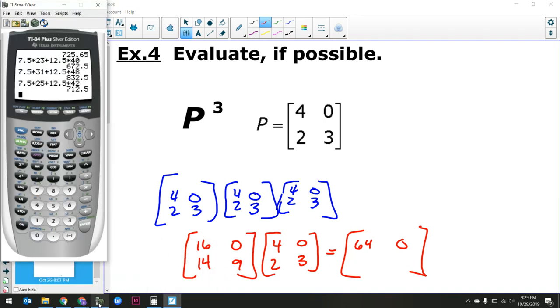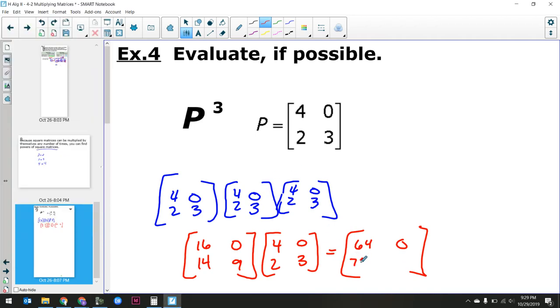Okay, so now I got to go back in here because I don't know that offhand. 14 times 4 plus 9 times 2, or 18. Whoops, I'm getting ahead of myself. 9 times 2. I wrote 18. 56 plus 18 is 74. Okay. And then row 2, column 2. 14 times 0 is 0. 9 times 3 is 27.